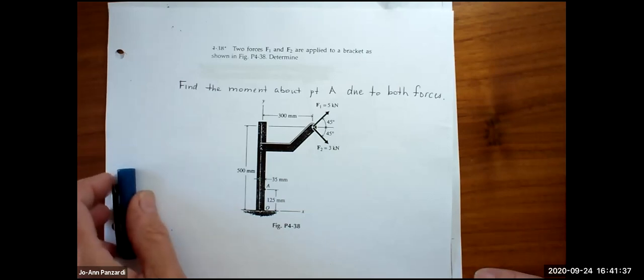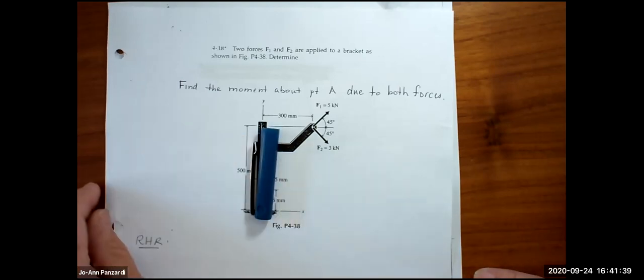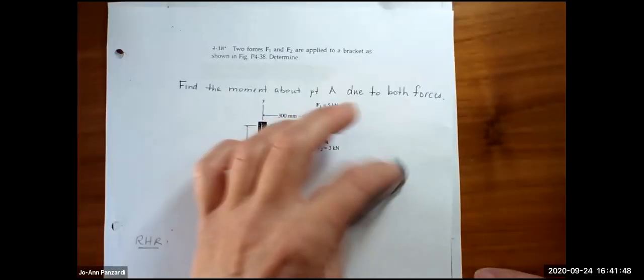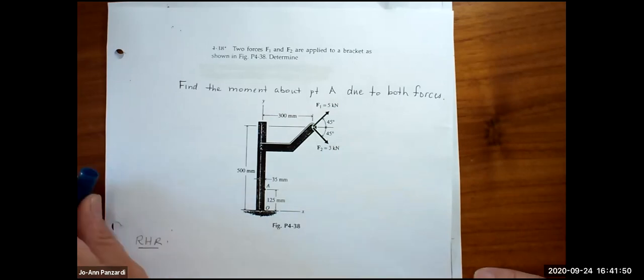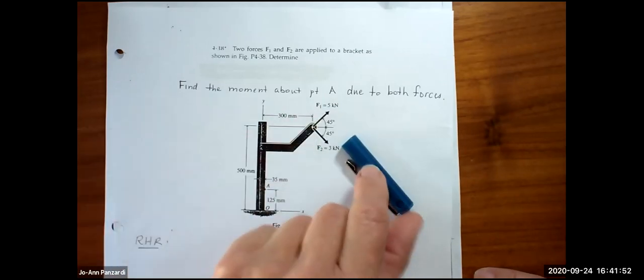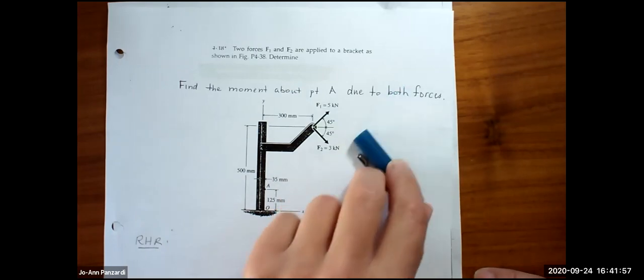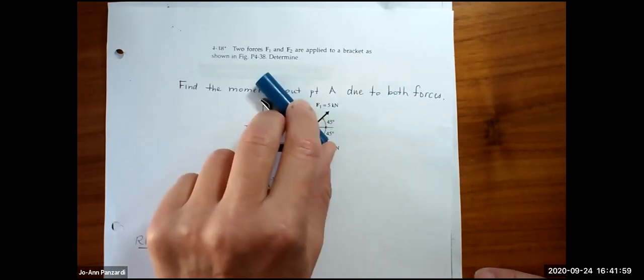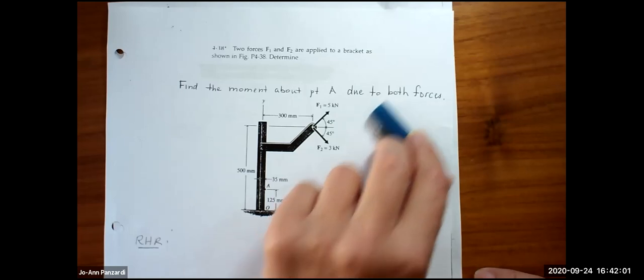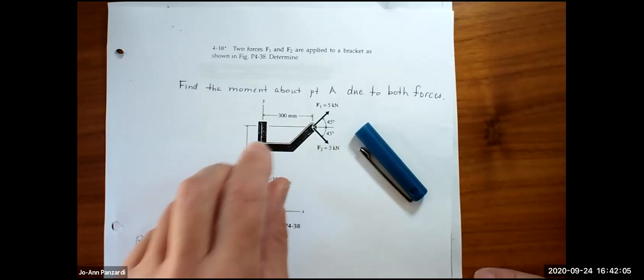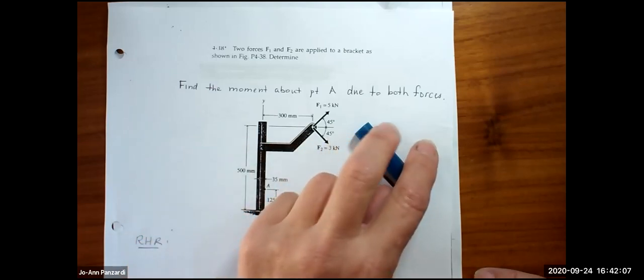Because we're getting a moment, which means what kind of motion? Rotational motion. So it's rotating. Okay? So when we had all our forces, we were looking at translational motion. When we had all our forces acting at a certain point and we were looking at a particle, we were only having translational motion. Now we're calculating moments about points.